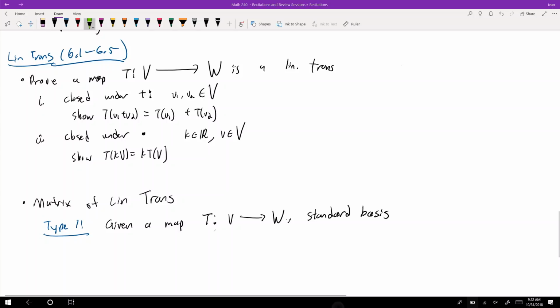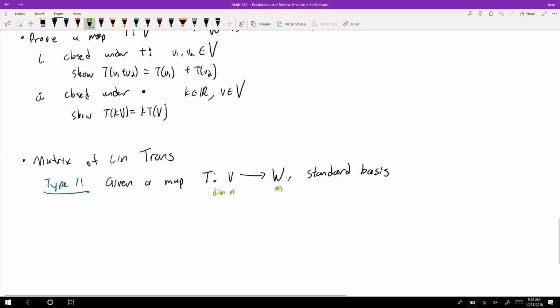And we're going to assume that V has dimension n and W has dimension m. So then the matrix representation of T is m by n.